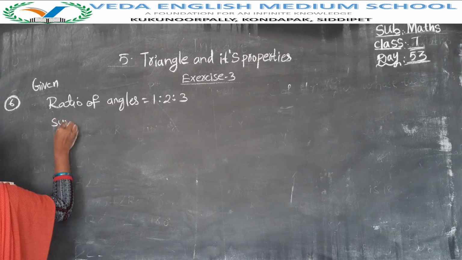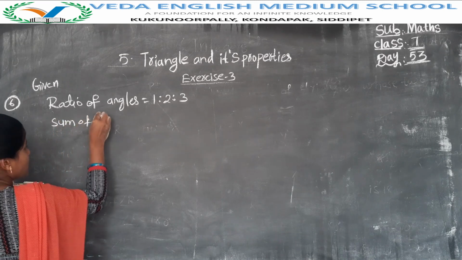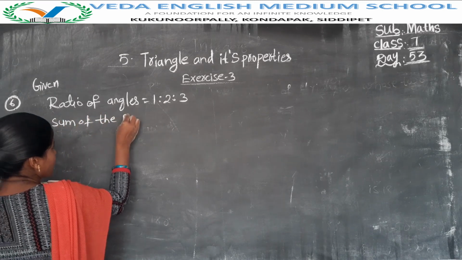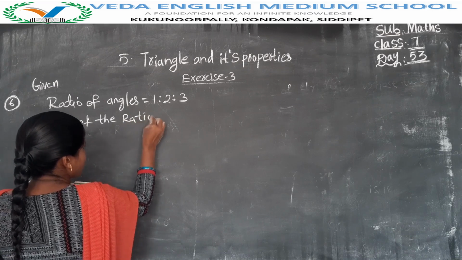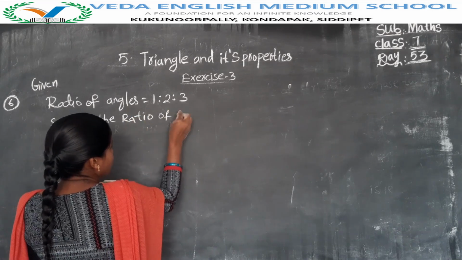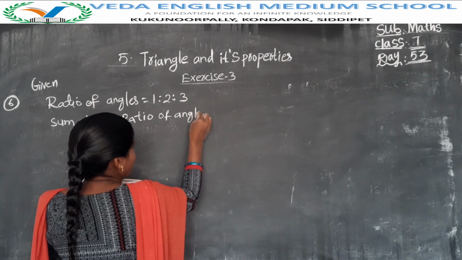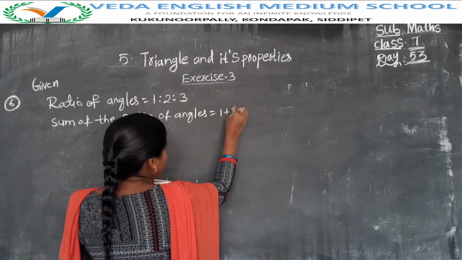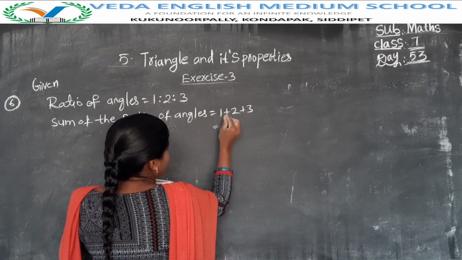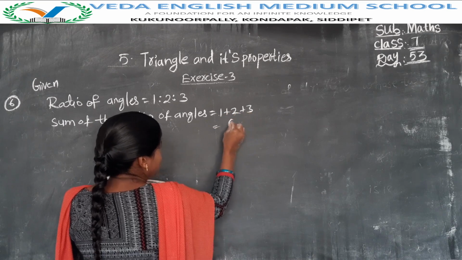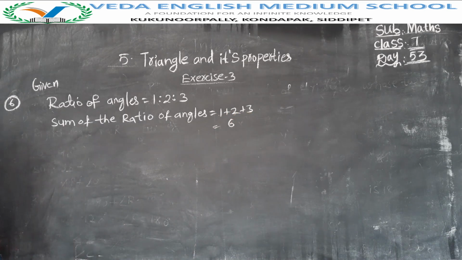First, the sum of the ratio of angles is equal to 1 plus 2 plus 3. 1 plus 2 is 3, 3 plus 3 is 6. The sum of the ratio is 6. Now by using that ratio we have to find the first angle, second angle, and third angle.